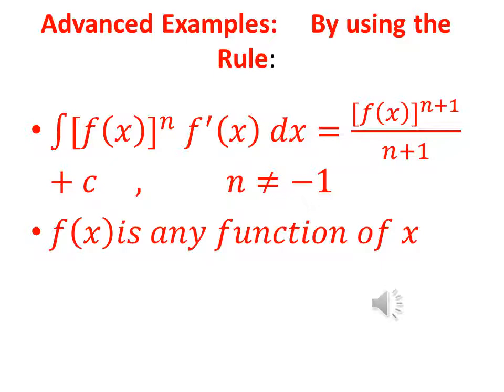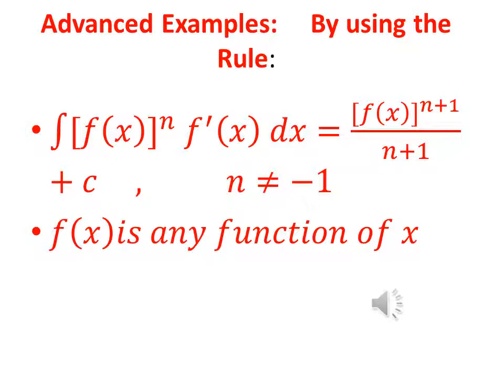But here, in the integration of f of x power n, f of x is a function of x, and x has a power more than 1, so x power 2, power 3, power half. To integrate a function power n, it must be multiplied by the derivative of what is inside the brackets.